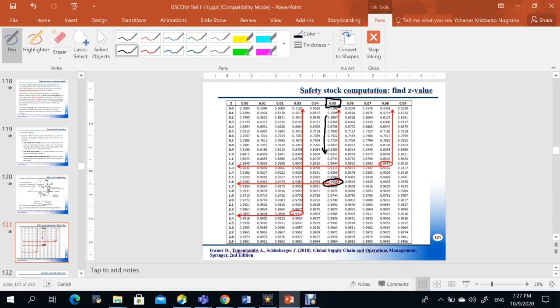Then we go to the leftmost column, and we find this at 1.6. So this is the Z value. Alright?